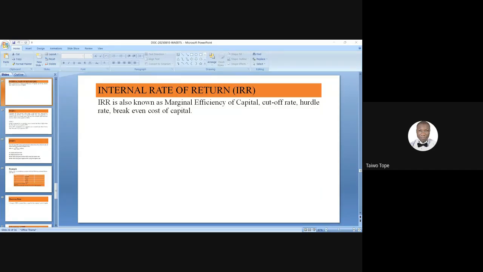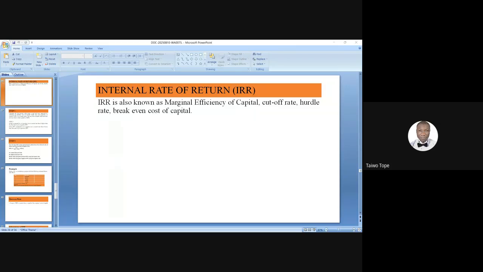We input the calculated NPVs into the internal rate of return formula. And once we do that, we'll get the IRR, which will be what? Which can serve as the cost of capital for you to invest in a project. It can serve as a benchmark for you to invest in a project.